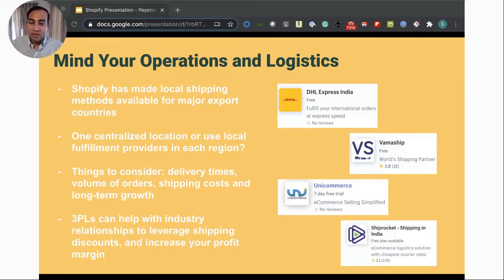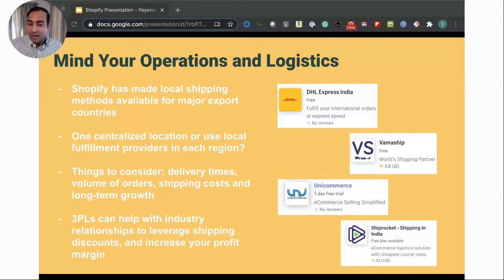But some of the important things to consider is, will the shipping provider be able to provide you good delivery times? What is the level of volume that they can handle? What is the cost that's associated with shipping? Because this all comes into defining your final price and being able to sell.